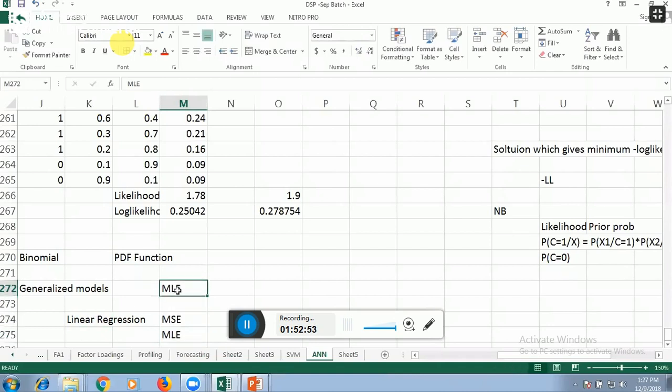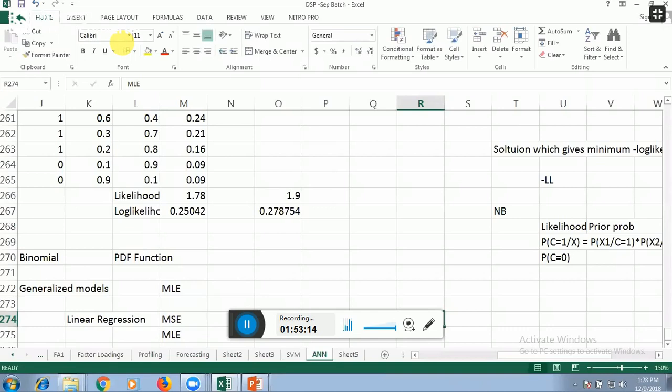There you have to use maximum likelihood estimation. Other regression models, you have to use MLE, because their errors will not follow a normal distribution.